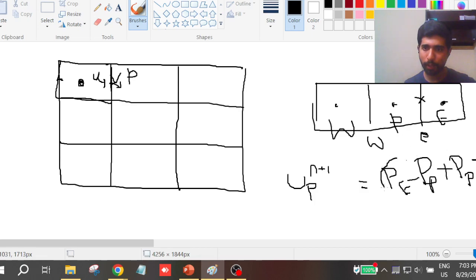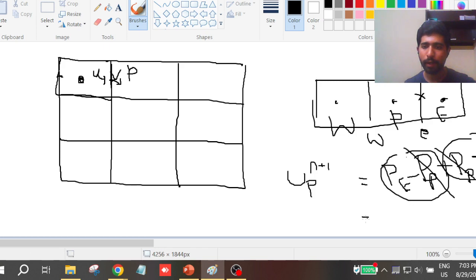Because this is ∂P/∂x at e and this is ∂P/∂x at w, ultimately the minus P_P and plus P_P get cancelled out, and you are left with P_E and P_W.